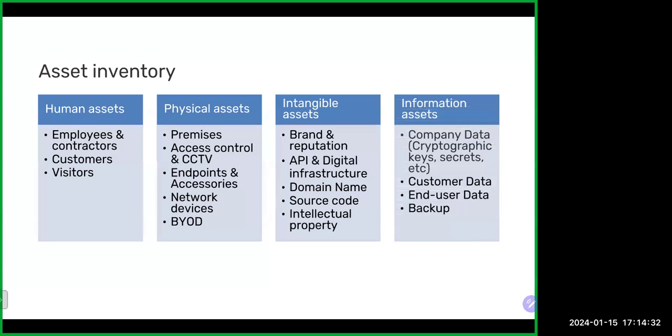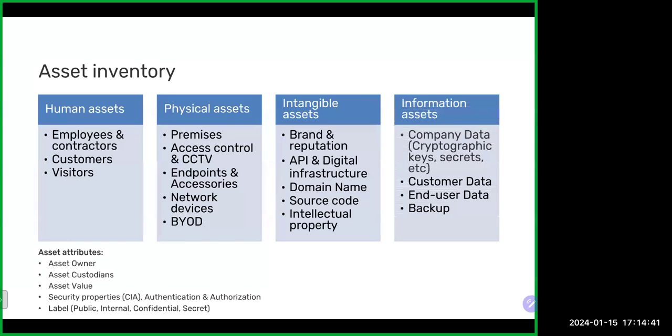Finally, the fourth category is information assets, which I was focusing on here, and this is a good joint with application security. The attributes that we can map to a number of assets include, as I mentioned earlier, the owner and custodian.